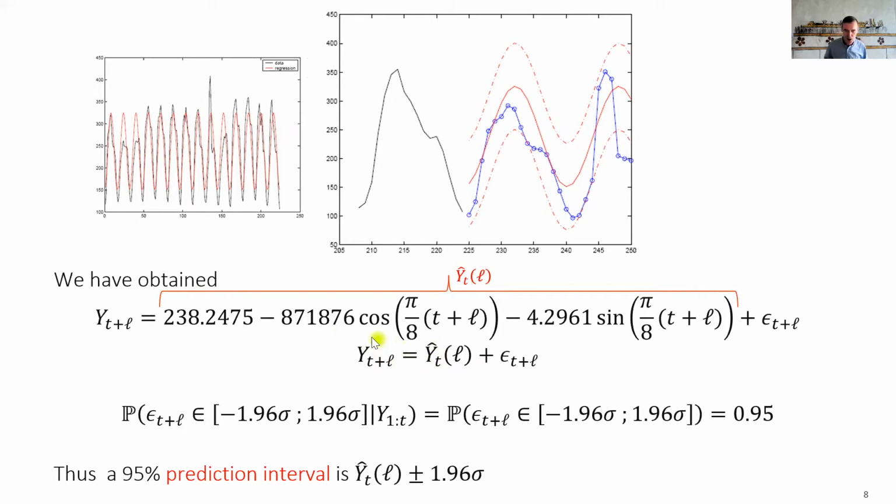And now I want to find the conditional distribution of yt plus L, which is the same as the conditional distribution of epsilon t plus L, shifted by this quantity, which is a non-random part. Now, what can we say about epsilon? Well, we know that the conditional distribution of epsilon is the same as its non-conditional distribution, as we said a minute ago, because epsilon is independent of y. Therefore, if I want a 95% coverage interval for the conditional distribution, I simply take the plus or minus 1.96 sigma.